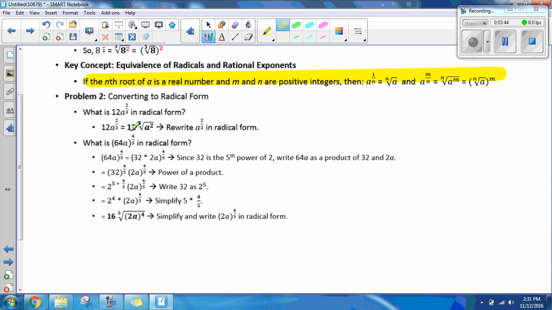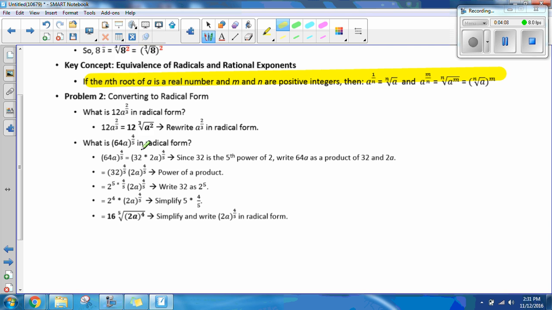Here we have to be careful. Here we have the quantity 64a being raised to 4/5. Since we have 64, we can split that up as 32 times 2. The reason we want to do this is because our denominator is 5. That means we're looking for the 5th root of a number.